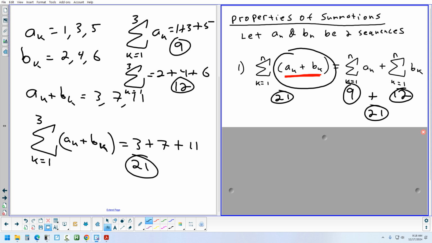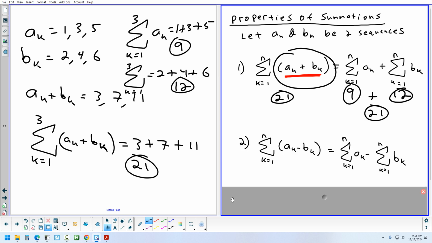Now, if this rule applies for addition, what other property do you think it also applies for? Subtraction. Yeah, you could do exactly the same thing with subtraction. I'm not going to go through the whole thing all over again, but you could.